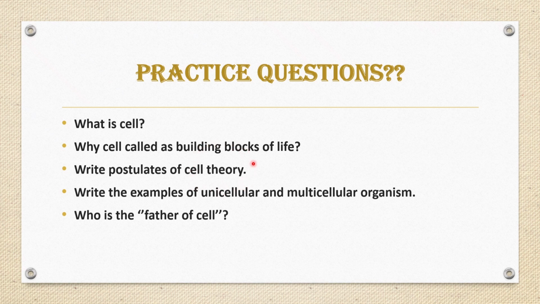In cell theory, I told you 4 points and who the scientists were that made this. So if the question comes, write the postulates or the salient features of cell theory. Write the examples of unicellular and multicellular organisms.